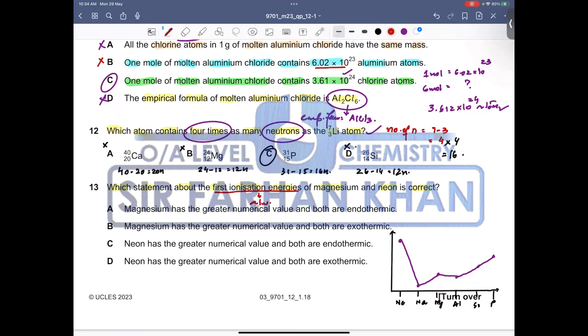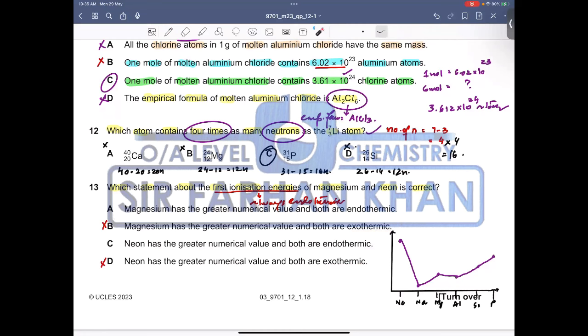So ionization energy is always endothermic. That's what we have done in the class as well, right? So option B, process is exothermic. Option D, process is exothermic. So ionization energy can never be exothermic process. It is always endothermic, which means B and D are going to be the incorrect option.